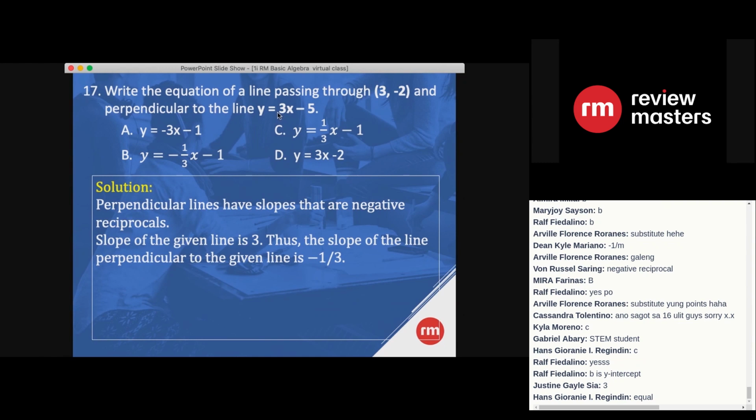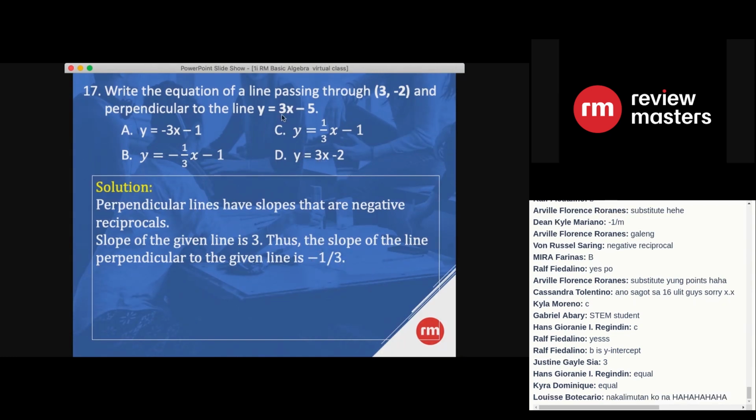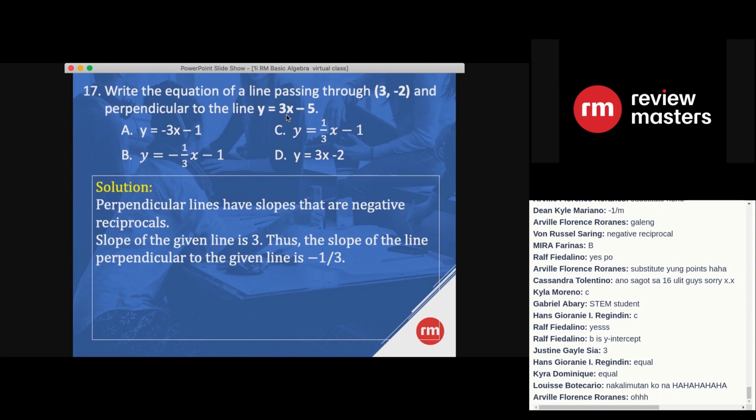Now, para maging negative reciprocal of 3, yung slope dapat na magpapass sa 3, -2 ay negative 1/3 because negative 1/3 is the negative reciprocal of 3 here. Okay? So again, perpendicular, dapat ang slope, negative reciprocal. Pag parallel, ang slope pareho. Okay? Here, ang tanong is perpendicular. So, ang kukuhanin natin, negative reciprocal, which is in that case, negative 1/3.